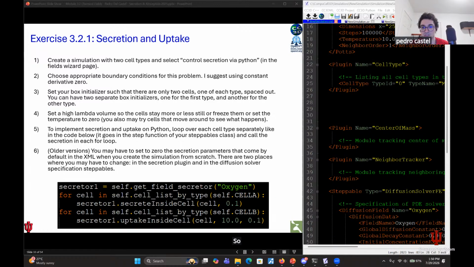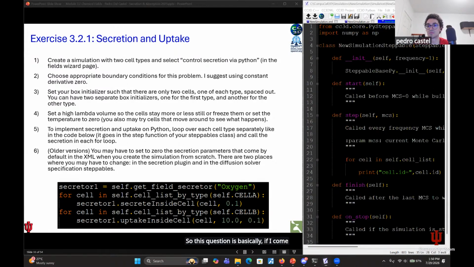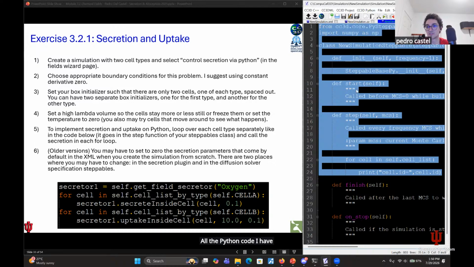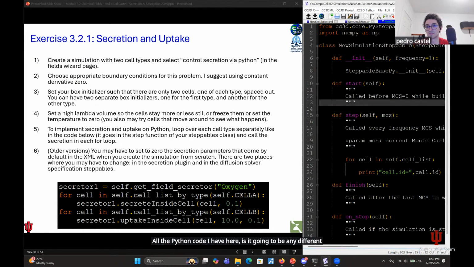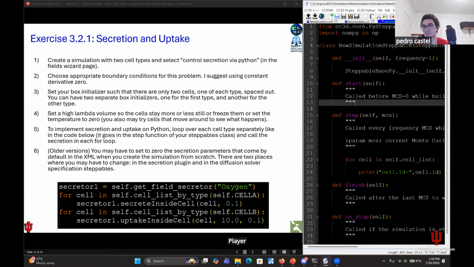So, a question: is there a difference between pure Python in Twedit and pure Python in VS Code? Basically, if I come here to my steppables.py, is all the Python code I have here going to be any different if I am using VS Code with pure Python, without XML, without any player, without Twedit?